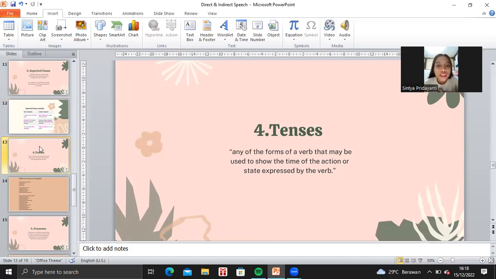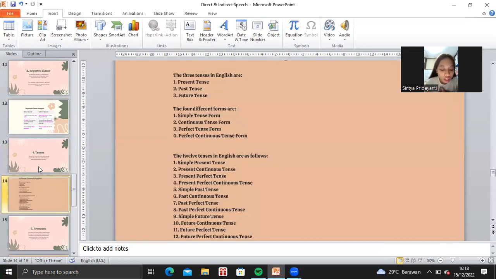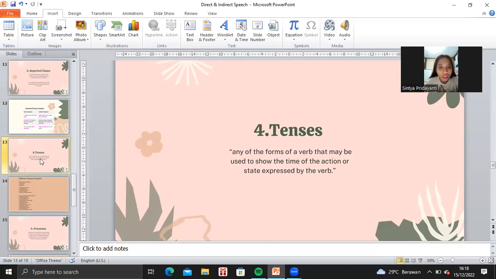Okay, for the tenses definition, according to the Oxford Learner's Dictionary, a tense is any of the forms of a verb that might be used to show the time of the action or state expressed by the verb. How important is it to know about tenses?